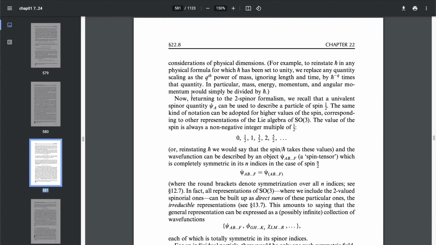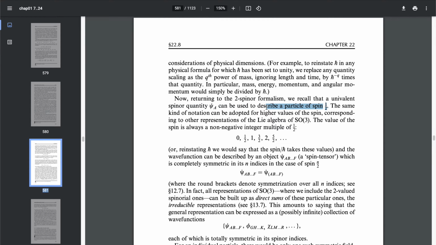And now we can return to the 2-spinor formalism, and we recall that the quantity psi a here can be used to describe a particle of spin 1/2. He says that, but I still have a why question here, because he hasn't explained why it describes a particle of spin 1/2.